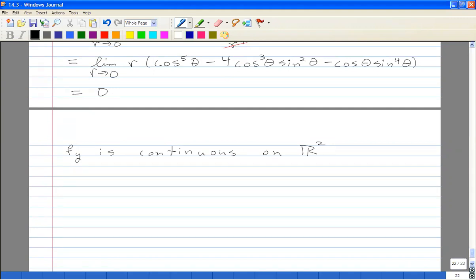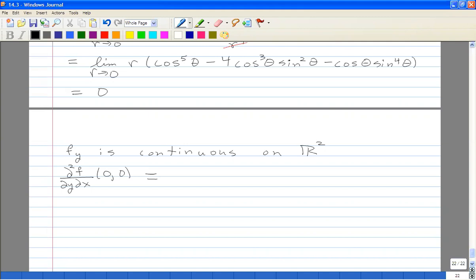Okay, so now lastly, let's look at the partial of f with respect to x, y. No, let's do y then x. Partial of yx at the origin. So let's look at this.